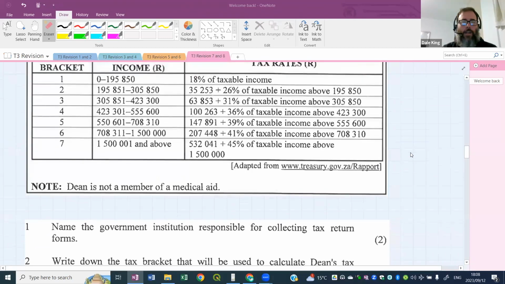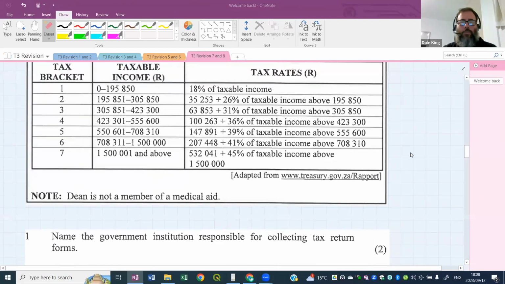Here we go. Name the government institution responsible for collecting tax return forms. The government institution responsible for collecting tax returns. Everyone should know this. You guys will deal with them. Yes, Tiamo. Good job, Ben. Yes, yes, yes. Everyone knows it's SARS, South African Revenue Service. All right.